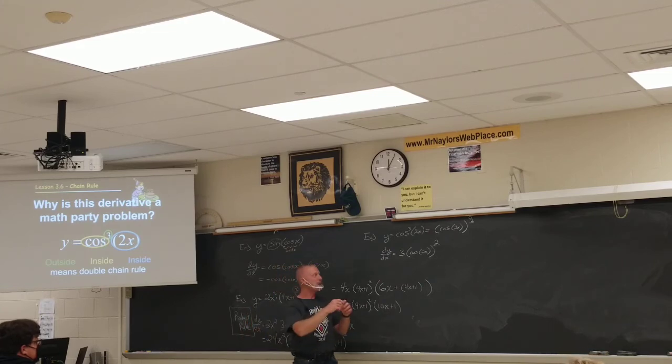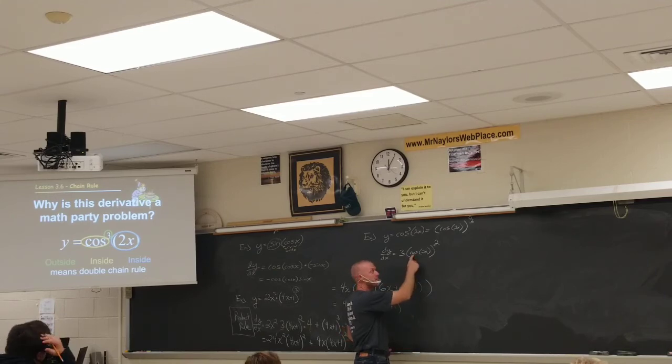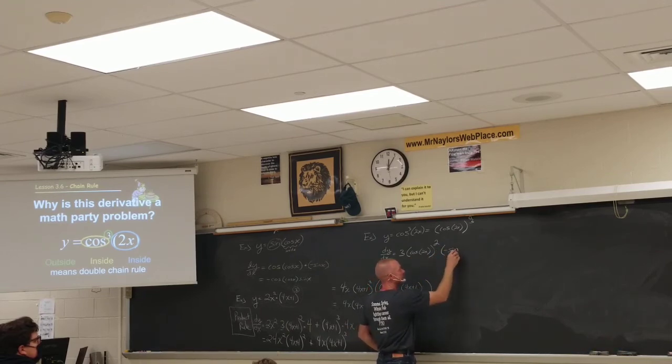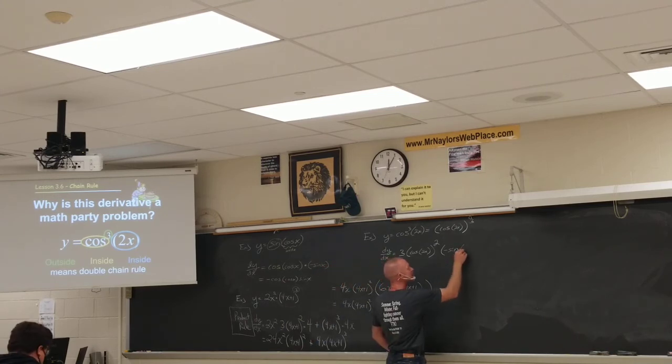We open up the box, we open up the doll, and we open up the cosine. What I mean is we do the derivative of cosine, okay? Now the derivative of cosine is negative sine. So we open that one up, we did negative sine, but we have to leave the inside alone.